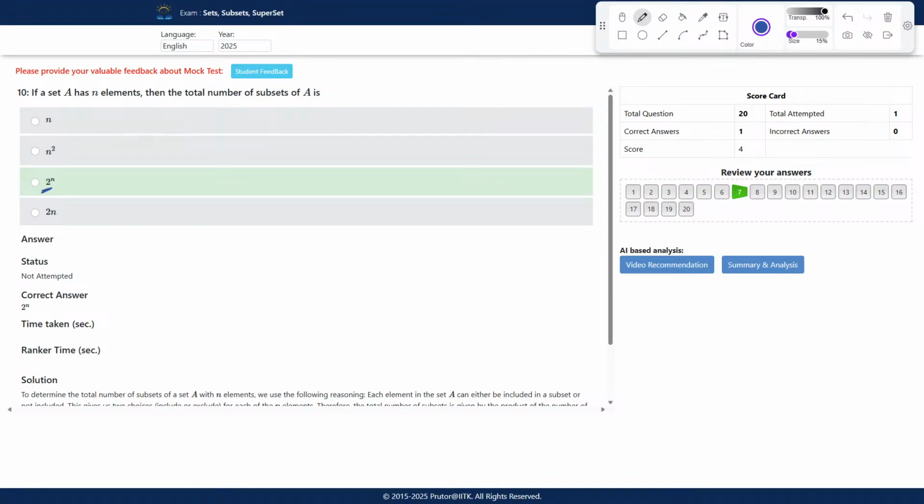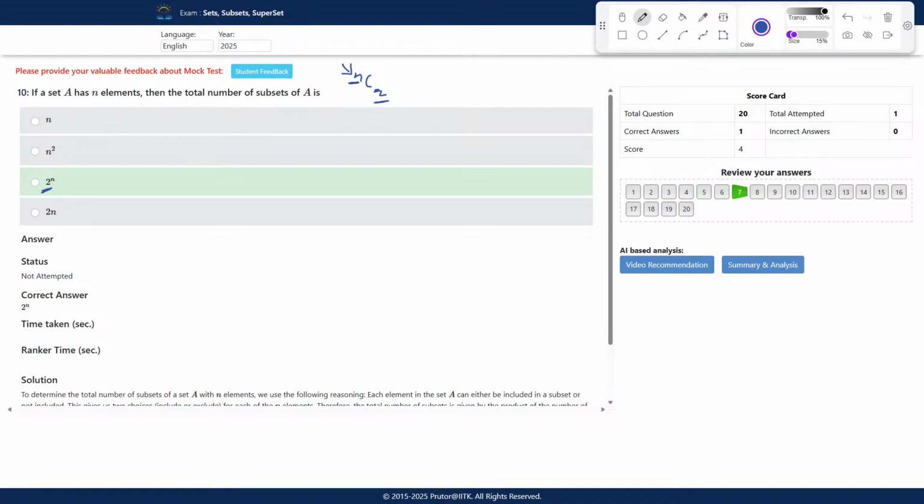Now, in the proof of this, we require some basic knowledge of PNC, especially combination nCr. nCr represents selecting r objects out of n distinct objects. Clear?